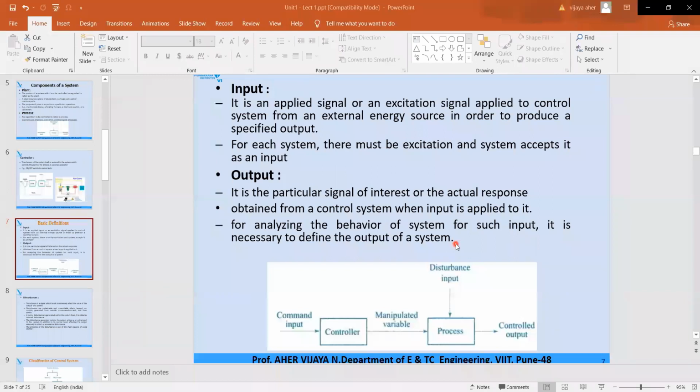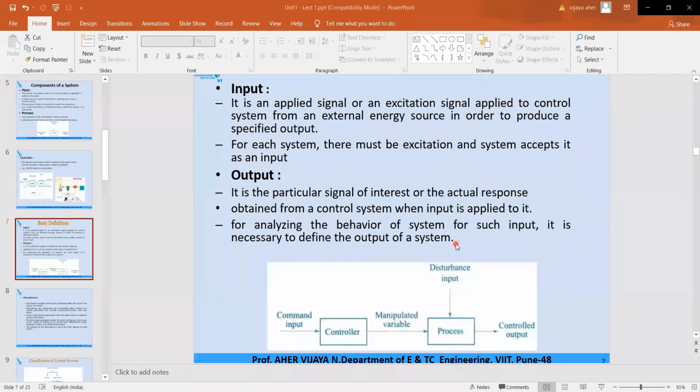If your input is having some disturbance, at that time, what is behavior of process? How your process is behaving to applied input variable? That is nothing but behavior of system.